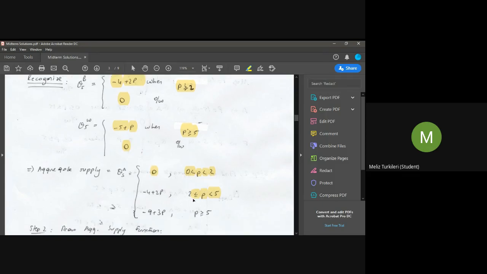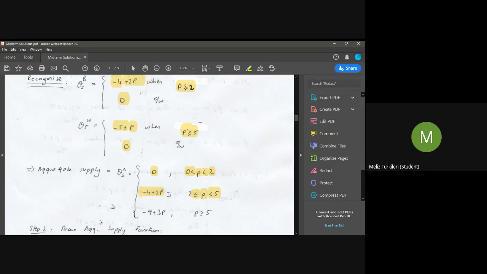When the price is equal to or higher than 2 and lower than 5, then recognize that for the white factory we again have 0 supply. We do not have positive supply there, but we have positive supply for the black shirt factory. Therefore, we are going to use this equation, minus 4 plus 2p.